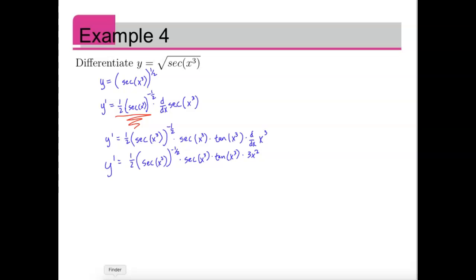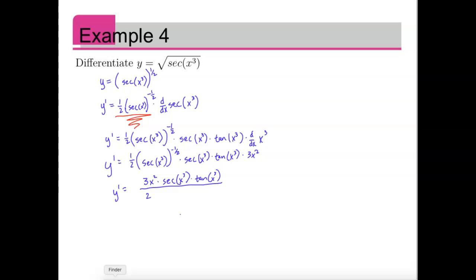We can do a little bit to clean this up if we like. What would I do if I were going to clean this up? I would probably rewrite this as 3x squared times secant x cubed times tangent x cubed over 2.